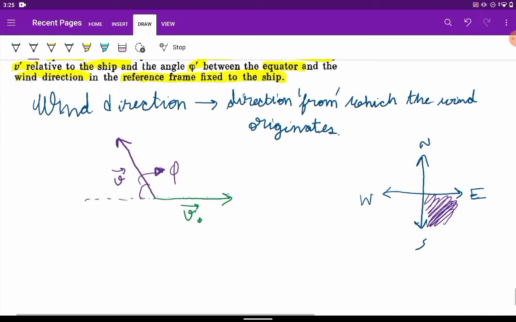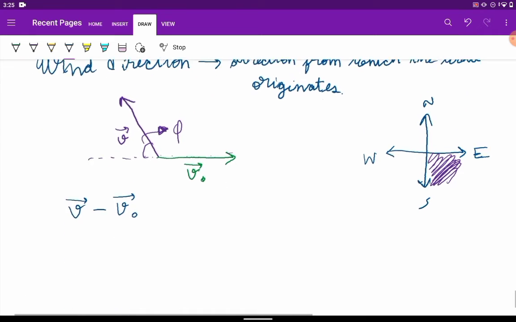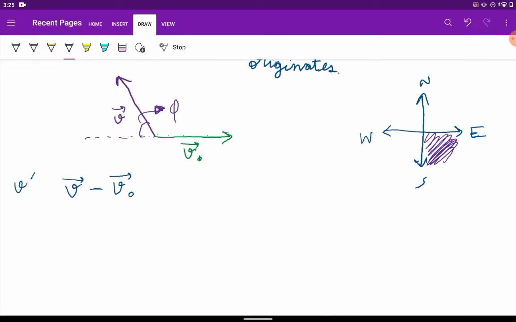Now what we need to do is find the velocity of the wind with respect to the ship. So that would be the vector subtraction v minus v naught. We need the magnitude of that, so v dash is the magnitude, the mod of these two. So we are basically adding v and minus v naught.